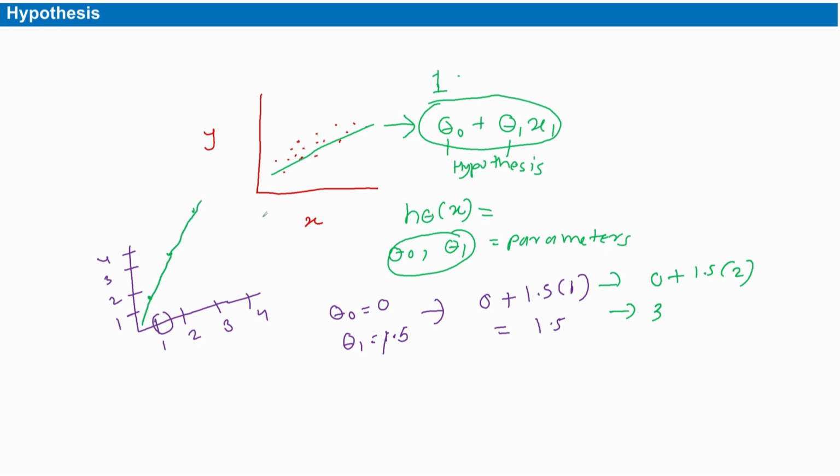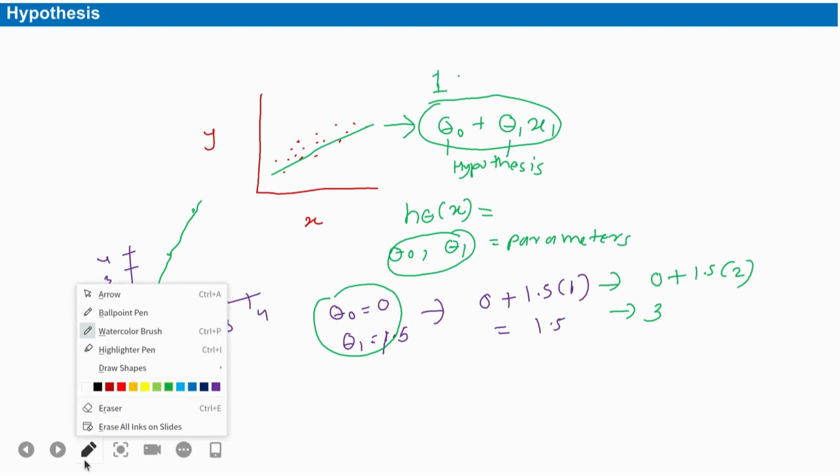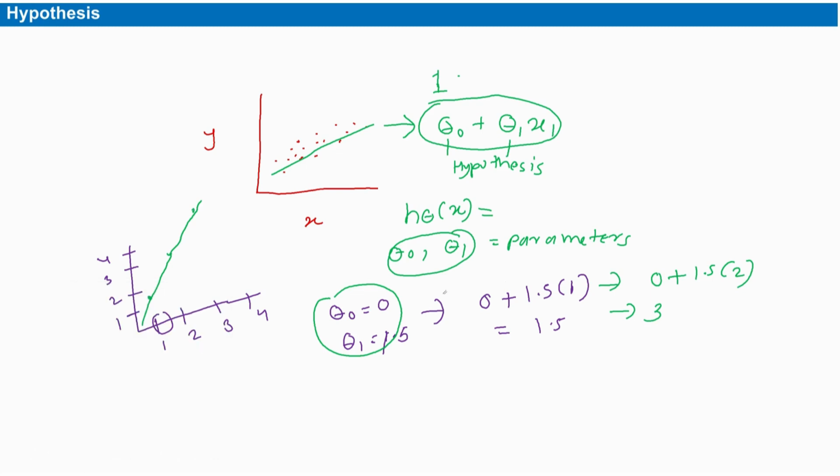Okay, so if I change these parameter values, if I keep now theta 0 equal to 1.5 and theta 1 equal to 0, what will happen?